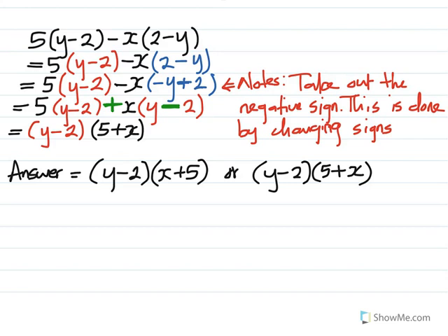It says 5y times y minus 2 minus x times 2 minus y. What I wanted to focus on is to look at the different colors of y minus 2 and look at 2 minus y. You can see again, using the previous version that I showed you, that 2 minus y, if you take out a negative 1, you are going to have minus 2 plus y.